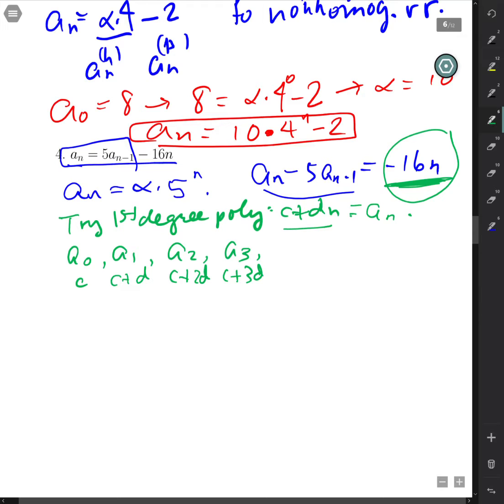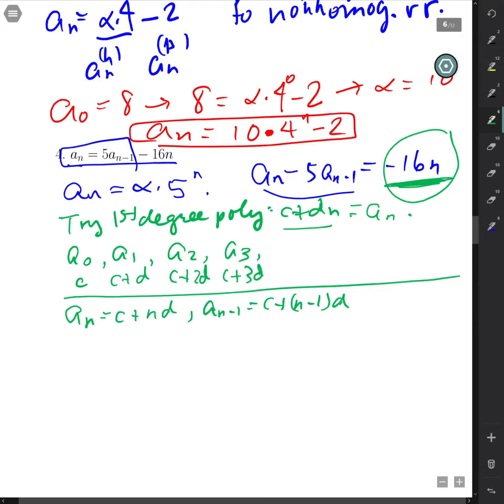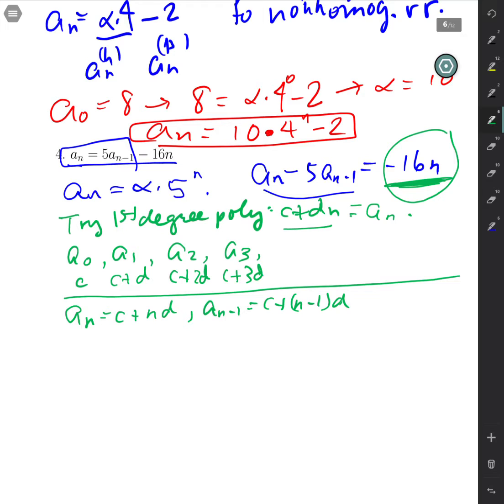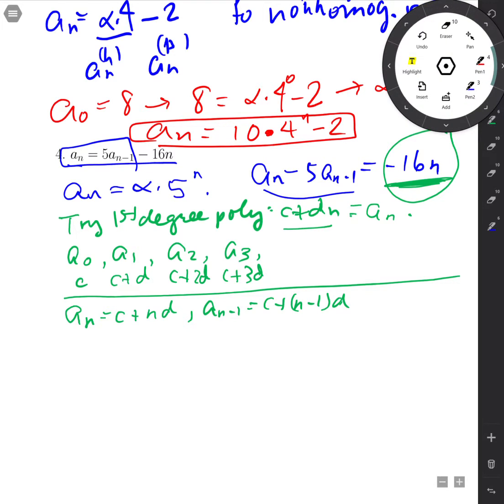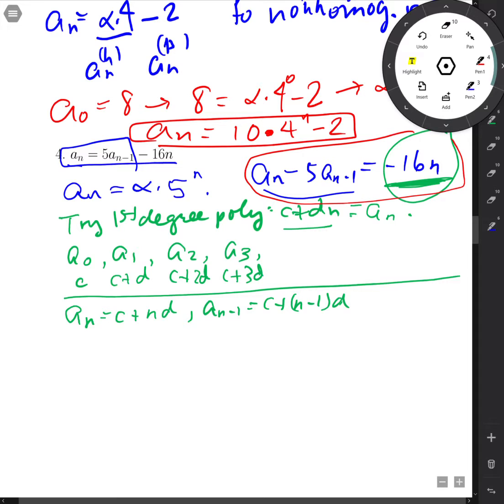So let's try that and plug that in. That would tell us that a_n is c plus nd. a_{n-1} is equal to c plus (n minus 1)d. Let's put that into the recurrence relation above. I don't care which form we use, but I'll use the one right up there.